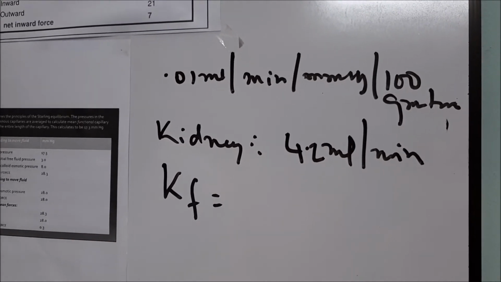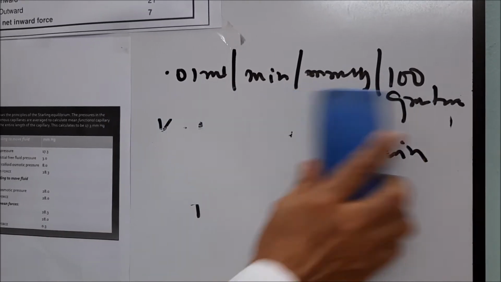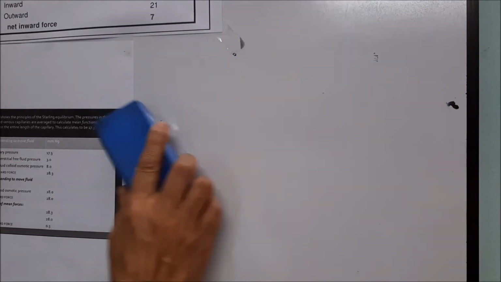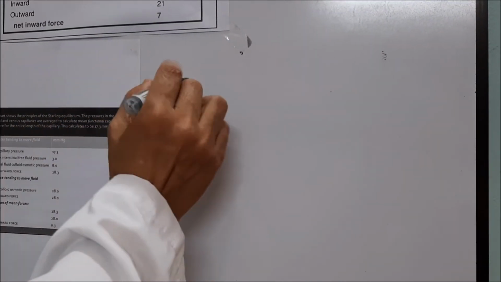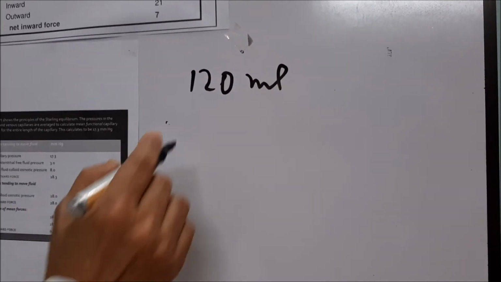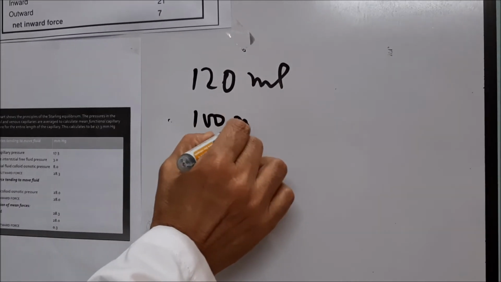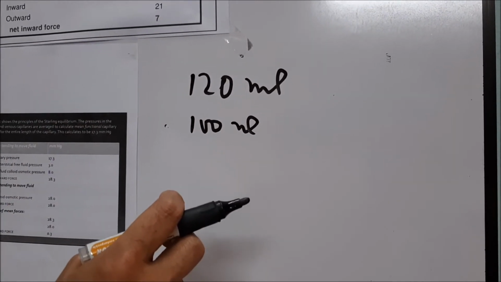Every minute how much fluid is filtered? Filtration is 2 ml. In 1 hour how much? 120 ml. From these 120 ml, 100 ml goes to circulation through the lymphatics. Which lymphatics?